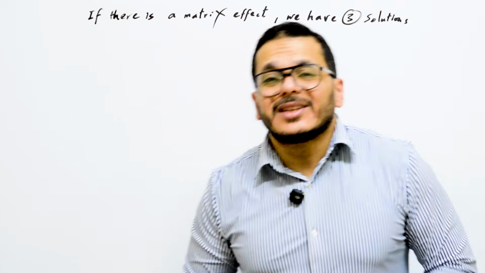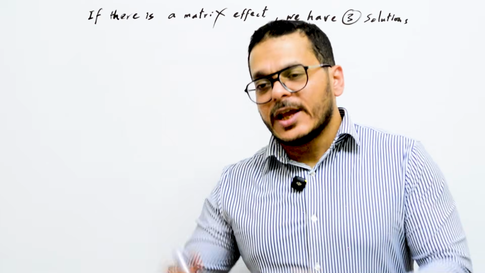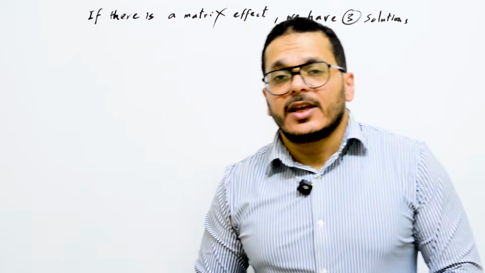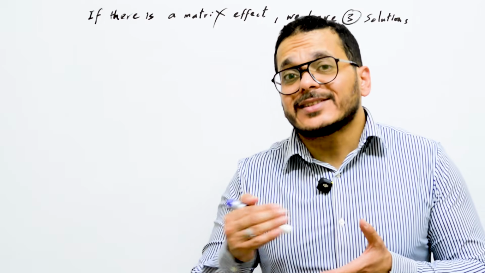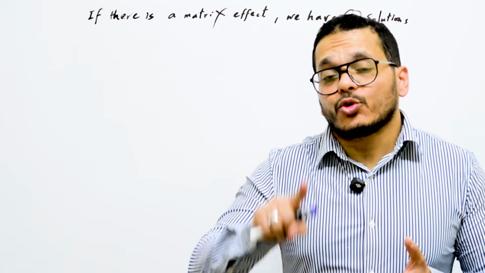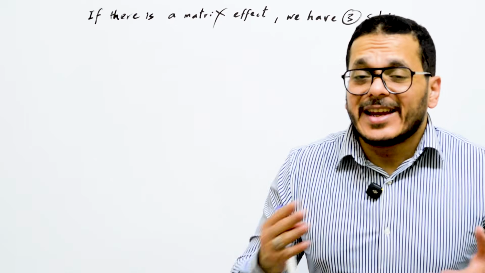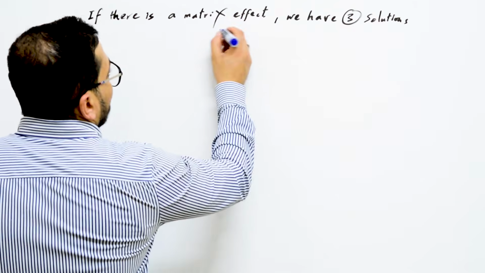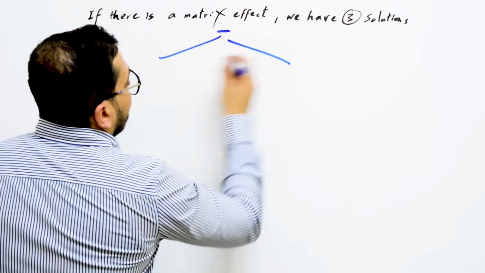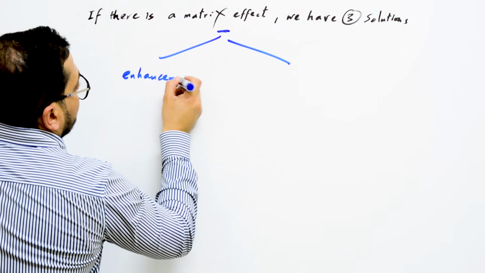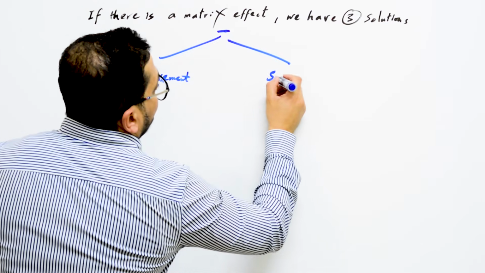And now, matrix effect, or the effect of matrix interferences on the target analyte. Some matrices have a lot of interferences which can affect your target analyte by enhancement or suppression. By enhancement, it can increase the concentration of the target analyte, or by suppression.